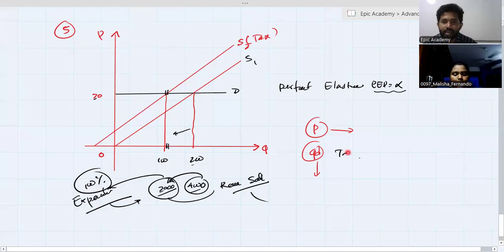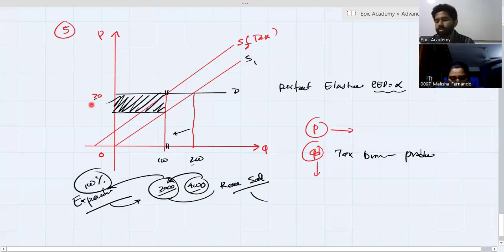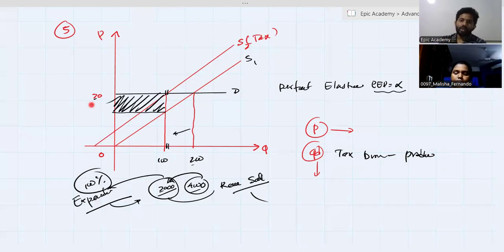The entire tax burden goes to the producer. Nothing to do with the consumer, because the price did not change, only the quantity reduced.